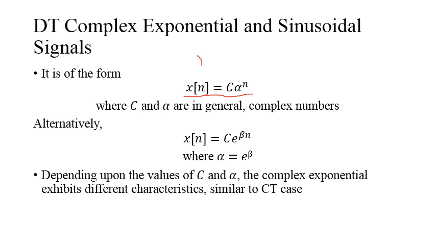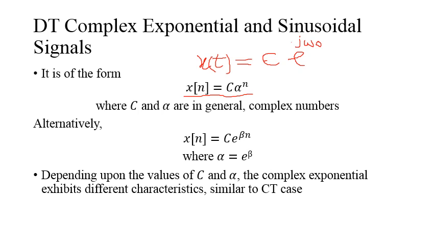So the continuous time case for the generalized form of the complex exponential signal was something like x of t equals c, right? And e power j omega naught t.